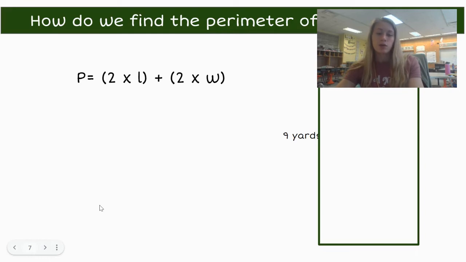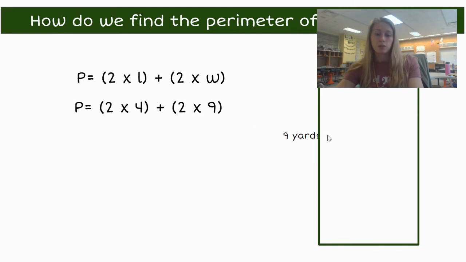So how do we find the perimeter of this rectangle right here? Use the same knowledge of multiplying. So we have 4 yards up here, which I know means I have 4 yards down here as well. I have 9 yards on this side, which, knowing my knowledge of rectangles, I have 9 yards here on this side. That tells me I have 2 of the same lengths and 2 of the same widths.